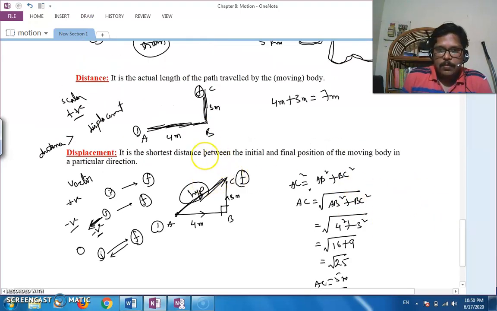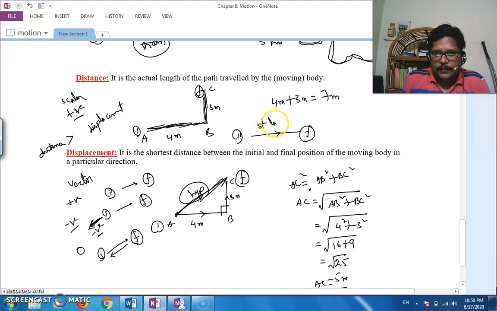When are distance and displacement equal? Distance and displacement can be equal if the object or body is moving in a particular direction in a straight line. So it should be something like a linear motion, moving in a straight line and in a particular direction. But if the object moves in the opposite direction, in such a case, displacement will not be equal to distance.